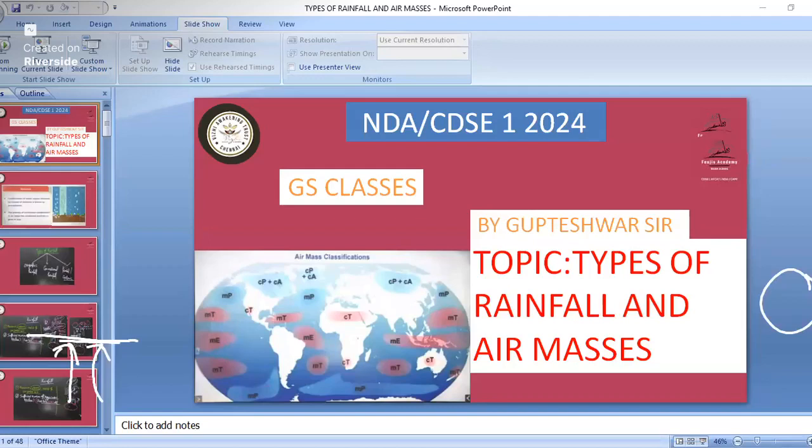When their sizes increase and they are not able to hold themselves, they fall down. So in the Tropic of Cancer, Tropic of Capricorn and equator areas, mostly in the equator area, rainfall happens due to warm air and convection. This is known as convection rainfall.